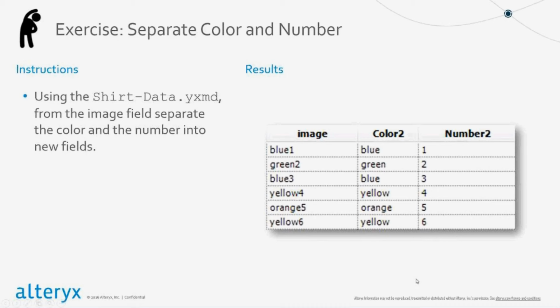Makes some sense. So potentially we could do this in several ways, but we're definitely going to use some of what we just talked about in terms of position and number of characters and that sort of thing. So let me bring up a new designer window.